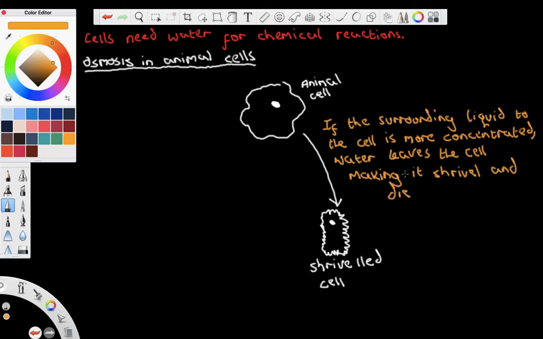So in animal cells, if the surrounding solution is more concentrated, the water leaves the cell and it makes it shrivel and die.